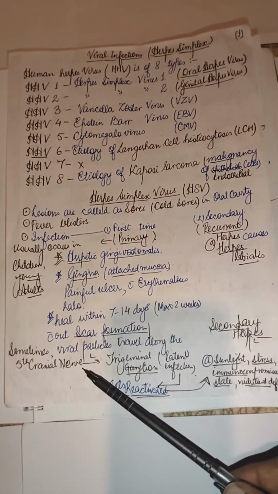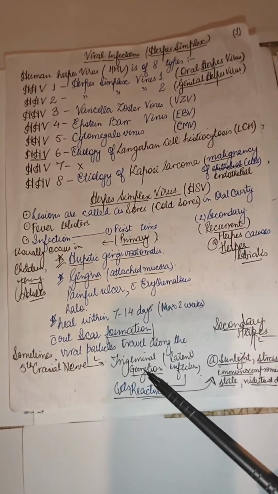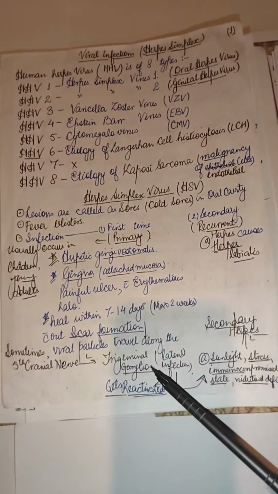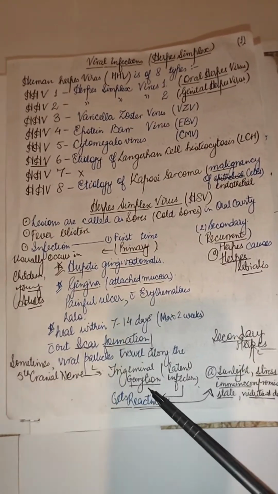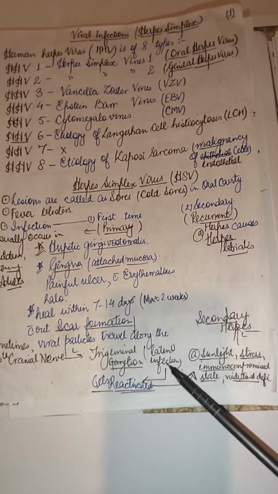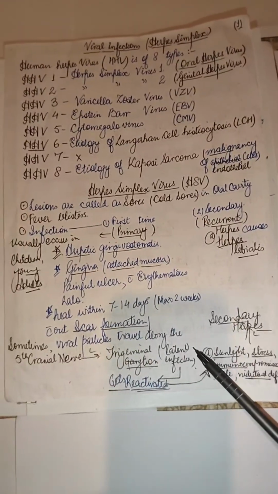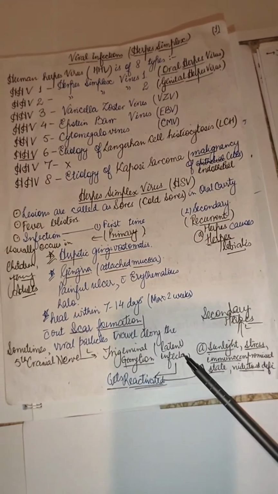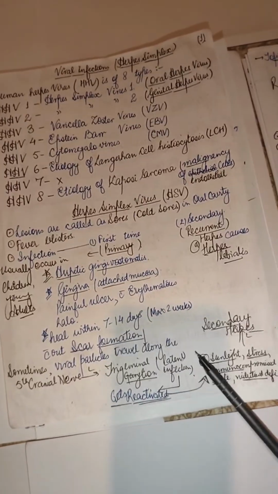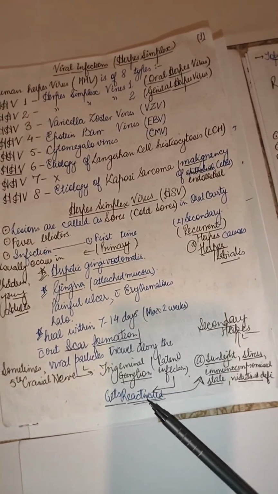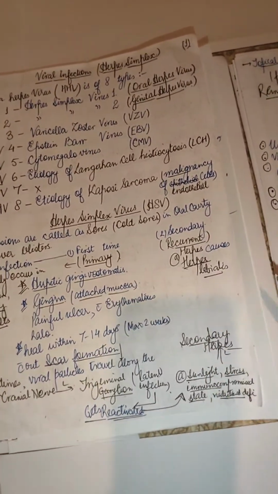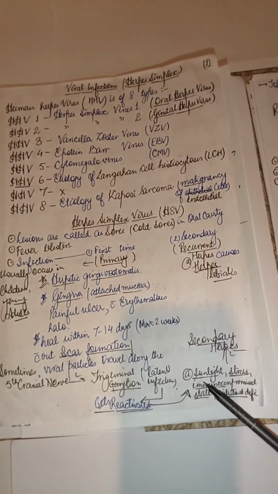So once they travel along the fifth cranial nerve, that is the trigeminal nerve, through the trigeminal ganglion, it remains in the latent form, and later on it can even get reactivated.